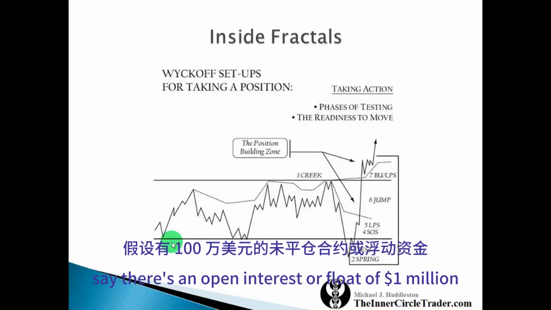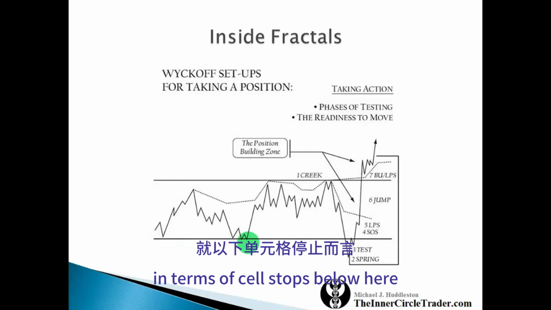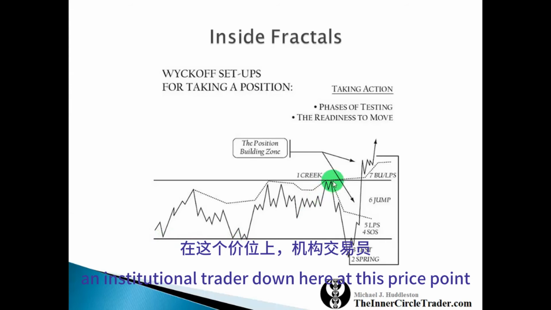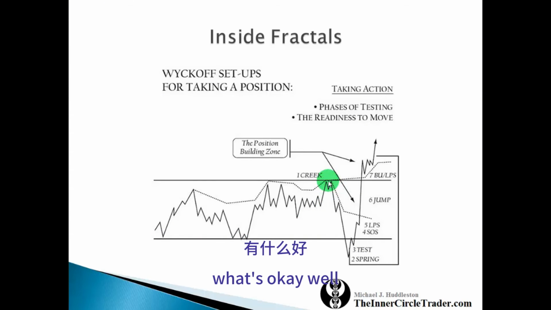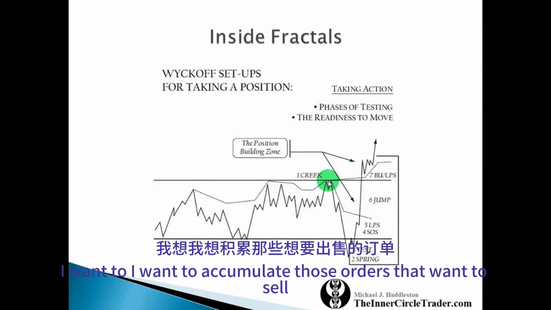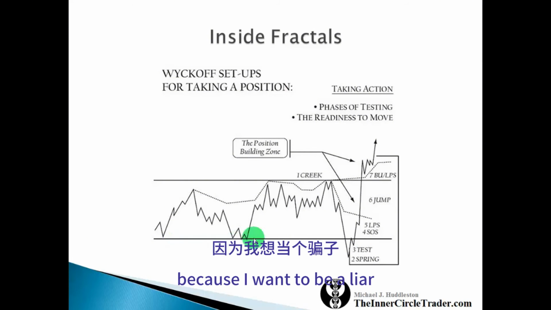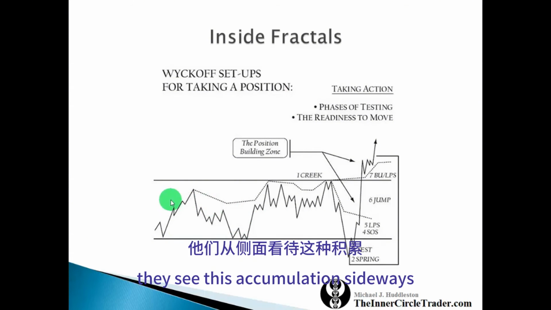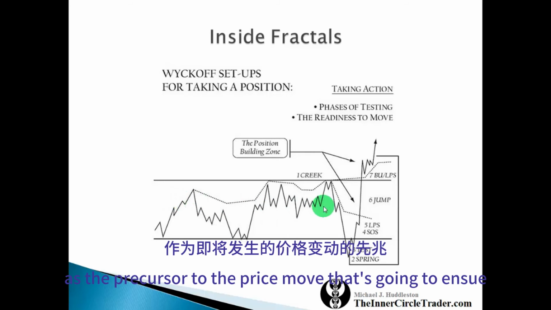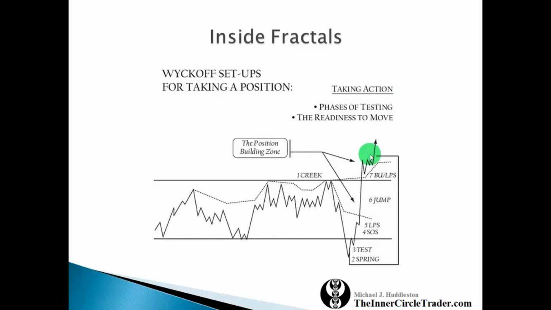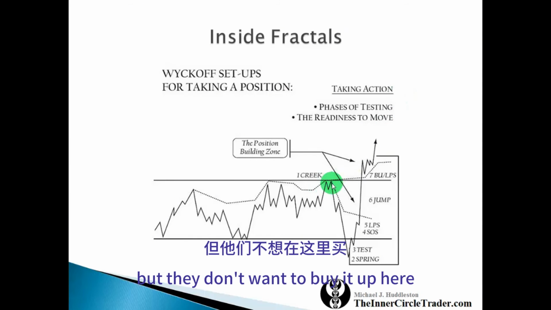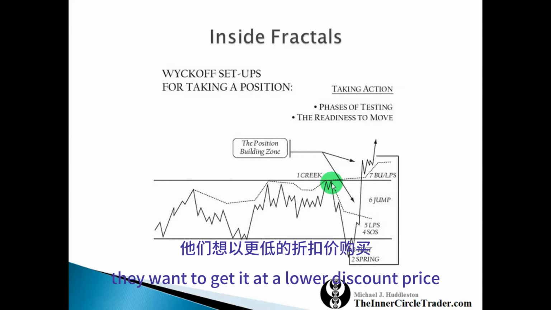Now again, say there's an open interest or float of $1 million in terms of sell stops below here. An institutional trader down here at this price point would say, okay, well, I want to accumulate those orders that want to sell because I want to be a buyer. They see this accumulation sideways as the precursor to the price move that's going to ensue higher later. But they don't want to buy it up here. They want to get it at a lower discount price.